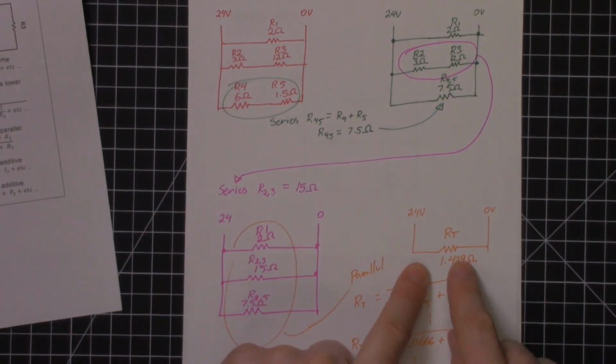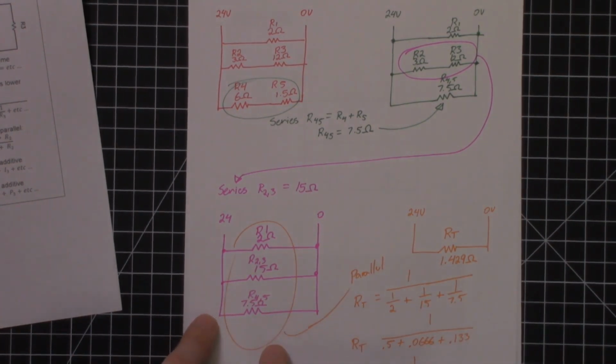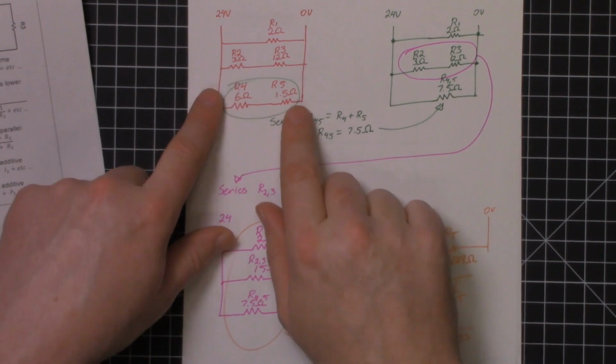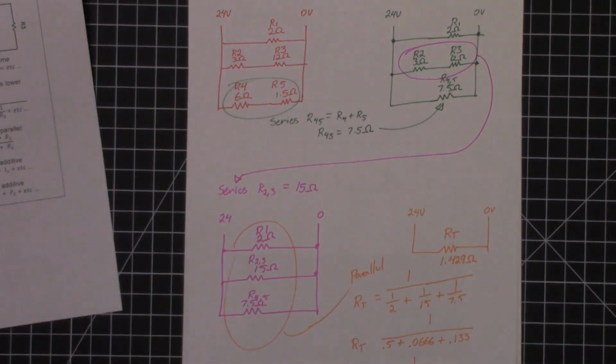Start here, figure out what the voltages and currents are at this point, then move to the previous drawing, figure out the voltages and currents here, then go back here, figure out voltages and currents, go back here to the original, figure out voltages and currents. So that's what we're tracing down.